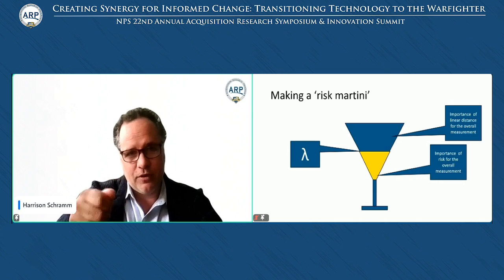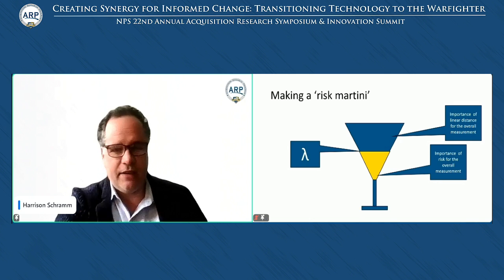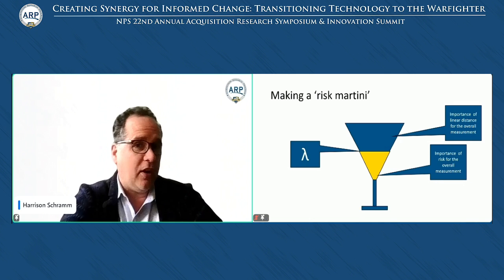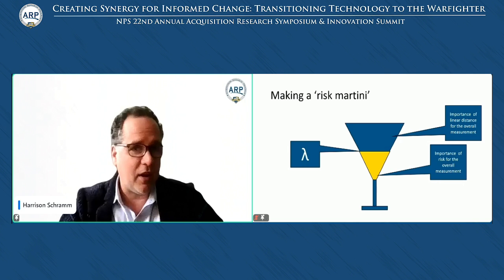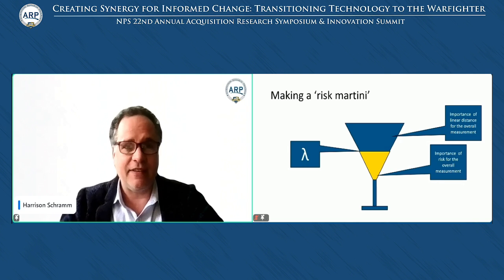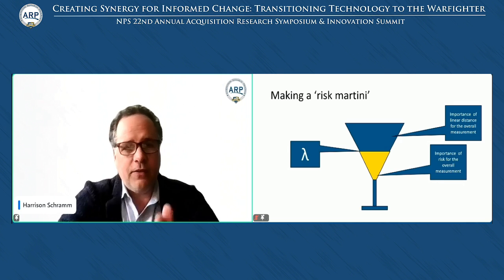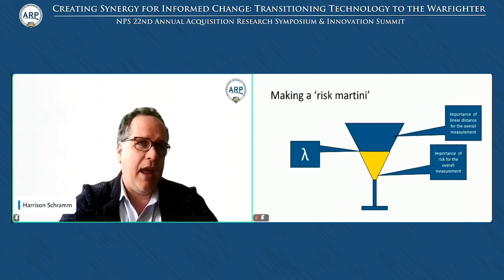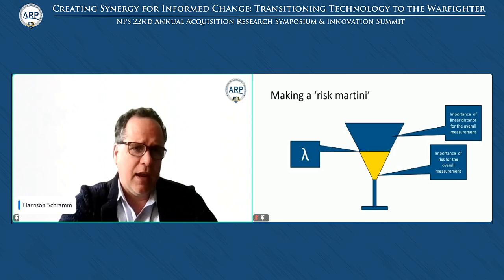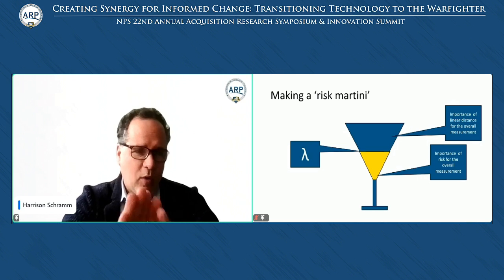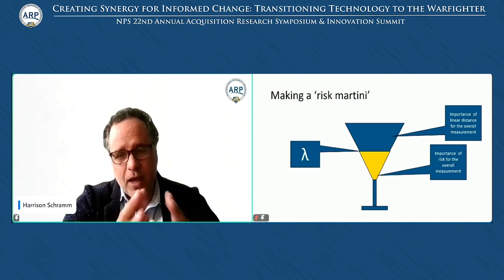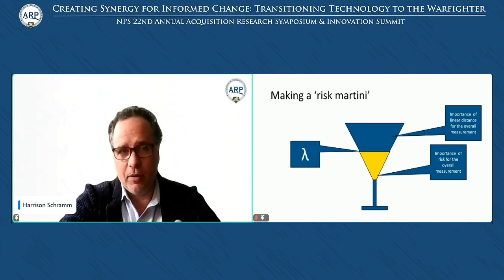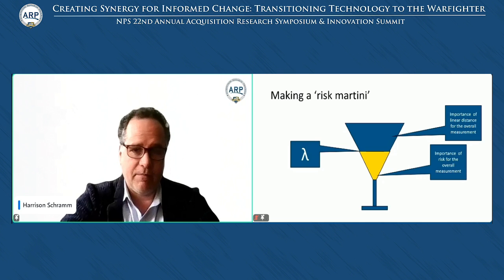And I can dial that up or down to create solutions where I really care about risk and I don't care about distance, or I really care about distance and I don't care about risk. By the way, all of these solutions are valid in the sense that they are useful. And the real idea here is that we're going to go from a lot of possible solutions and neck it down to a very small number in order to give the decision maker the ability to impose what they think is really important to them. Next slide, please.